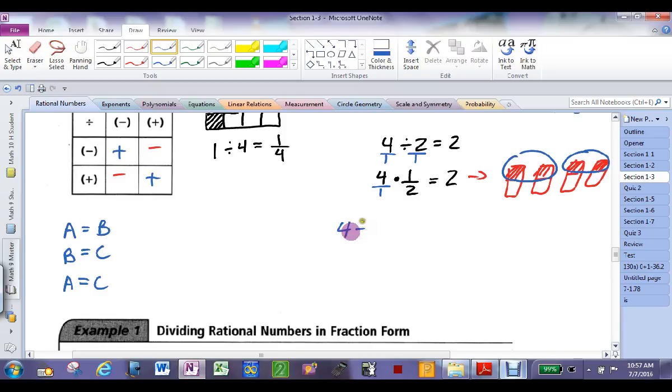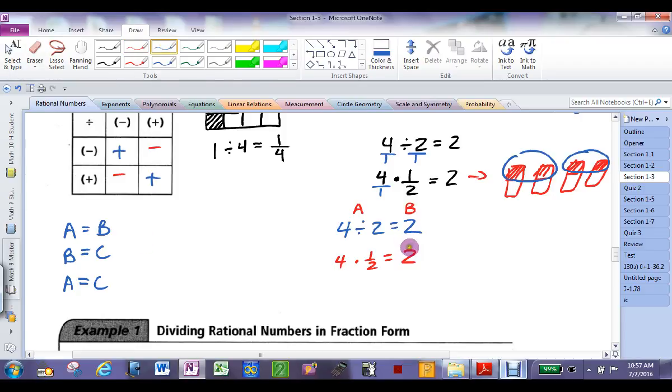If 4 divided by 2 equals 2. Everybody cool with that? There's A, there's B. A equals B, yes? And 4 times 1/2 equals 2.